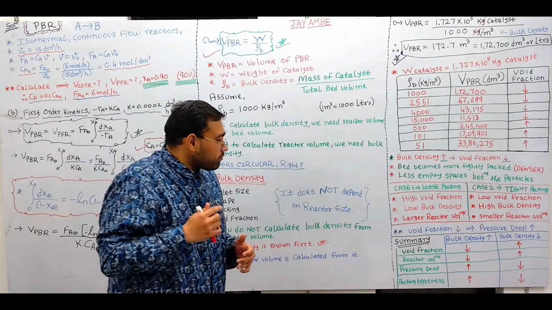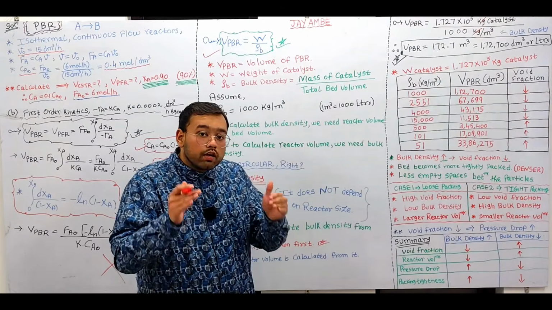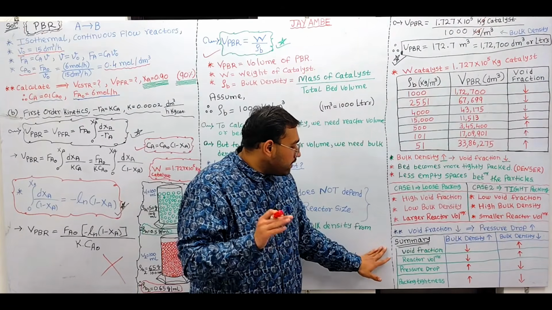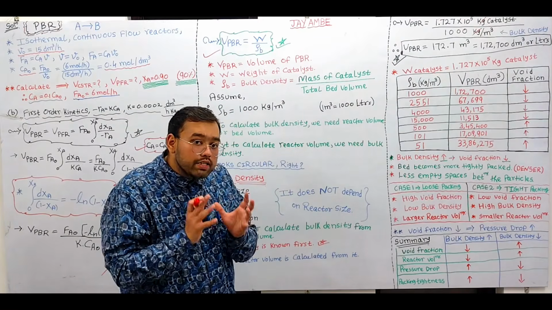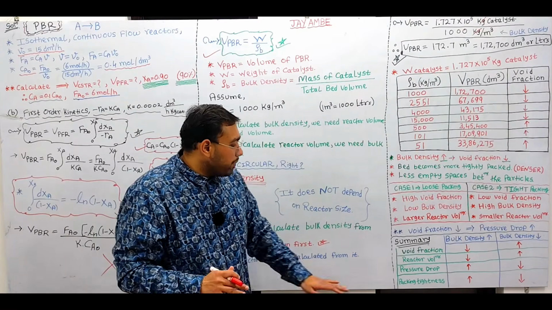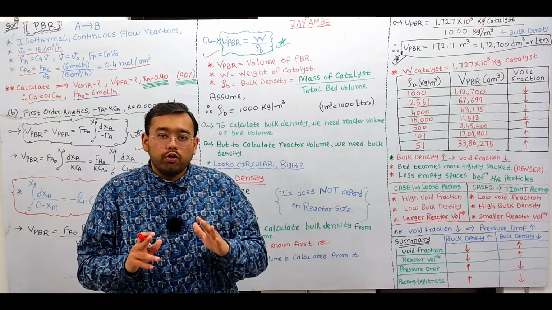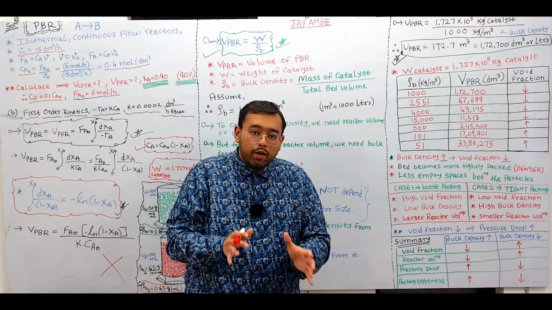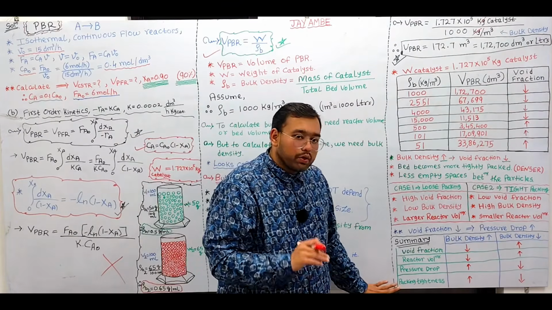So if the bulk density is increased, the void fraction decreases, and due to the decrease in void fraction, the reactor volume also decreases. As a result, the pressure drop will increase due to the tight packing of solid materials into the reactor volume. I hope you have understood.